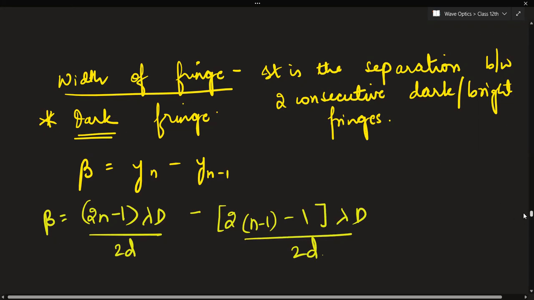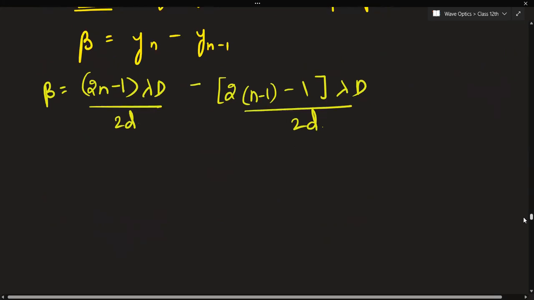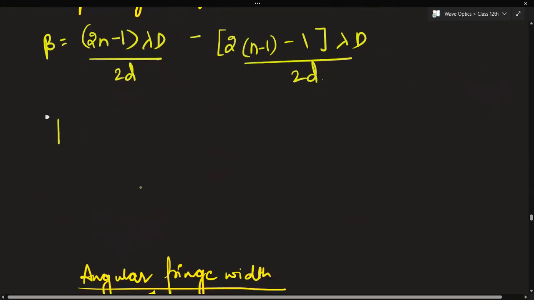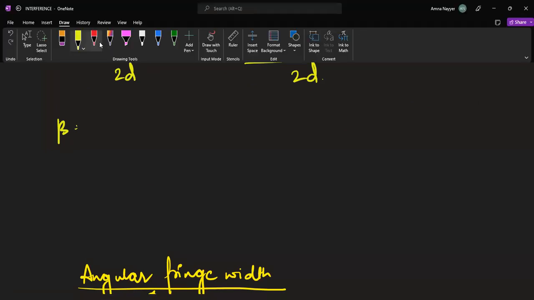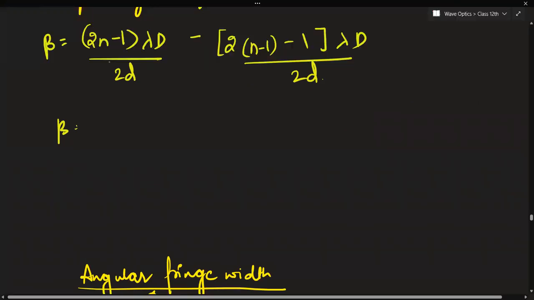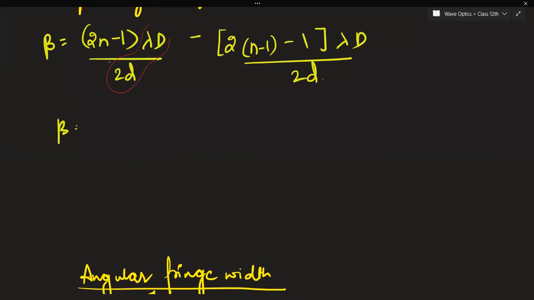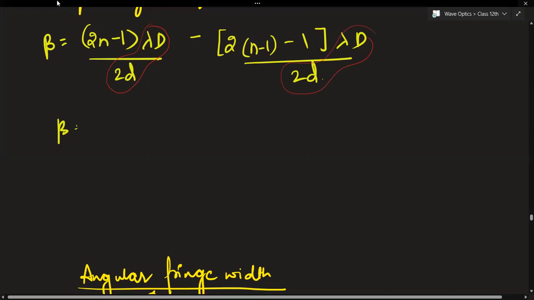All right, now we just have to simplify it over here. If we take lambda D by 2d common, it is present here also.